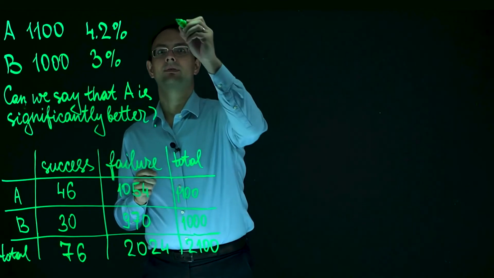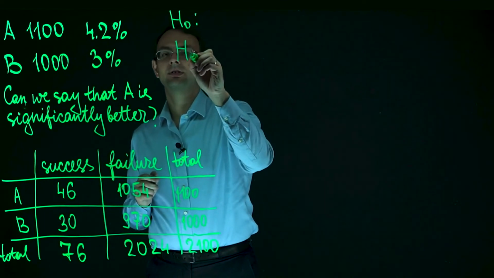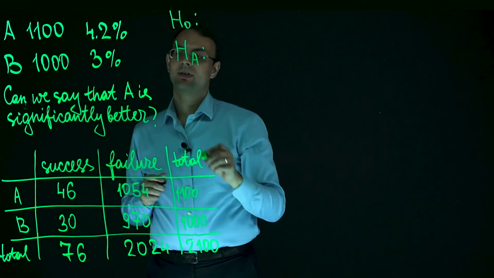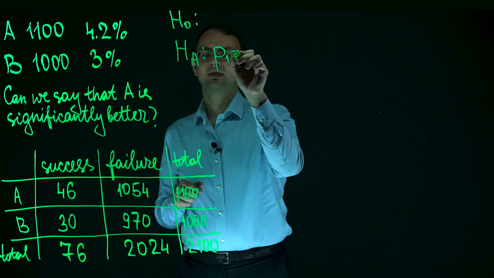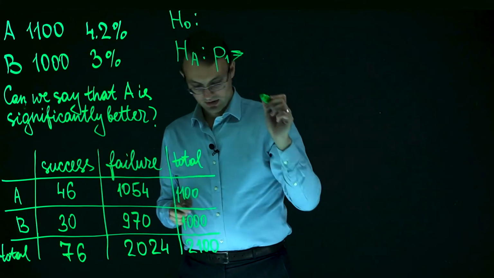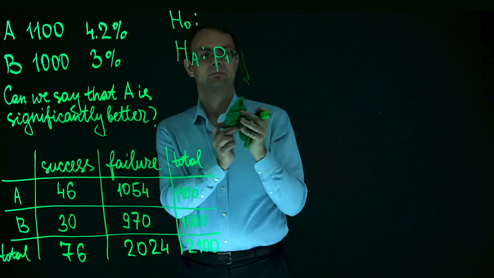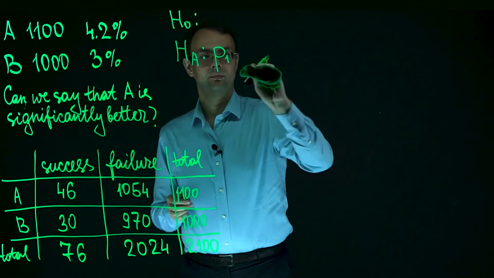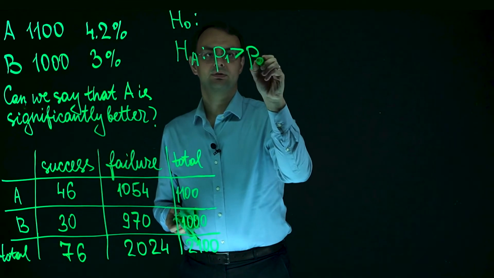So we have our pair of hypotheses, null hypothesis and alternative one, and the one they ask us to test is the alternative hypothesis in this case: P1 is greater than P2.